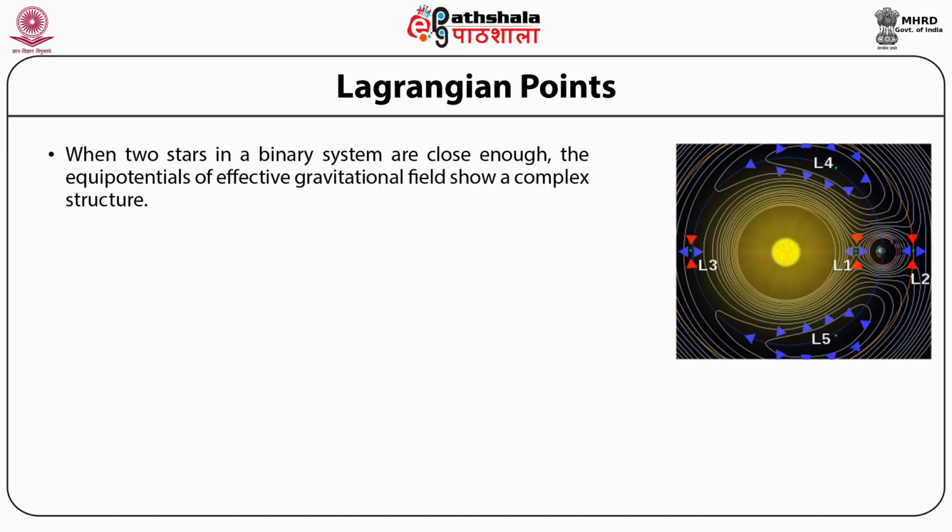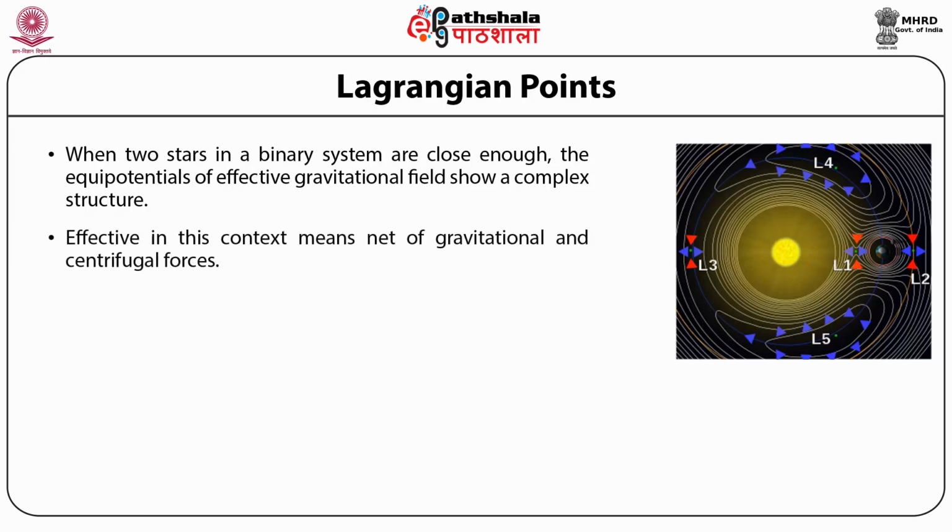The figure shows the surfaces of effective gravitational potential, the balance of gravitational and centrifugal forces around the system. For the sake of simplicity, we take the two stars as point masses. The point L1 is such that the effective gravitational forces due to the two mass points just balance. This point is called the inner Lagrangian point.